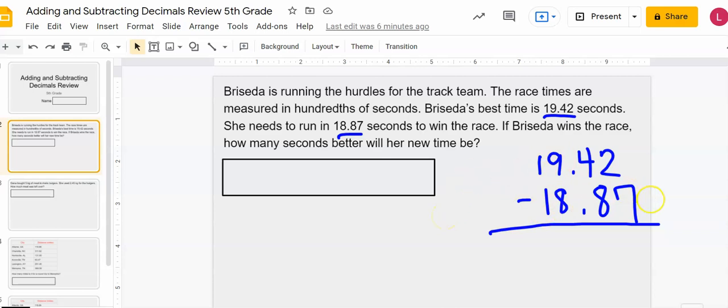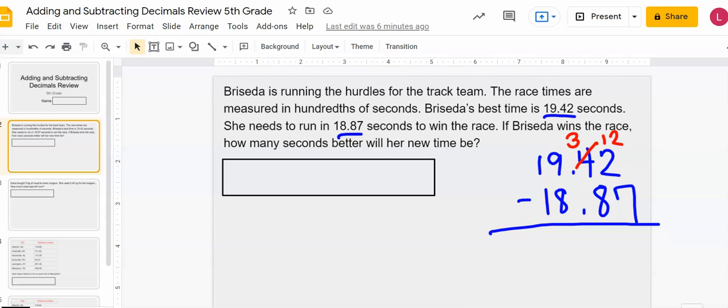So I am going to take away 7 hundredths from 2 hundredths, but I'm going to have to rename that one. So now I'm going to take one of those tenths and make it a hundredth. So now I have 12 hundredths. So 12 hundredths minus 7 hundredths.